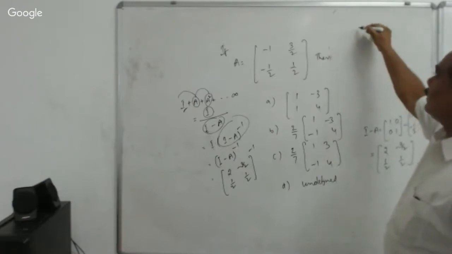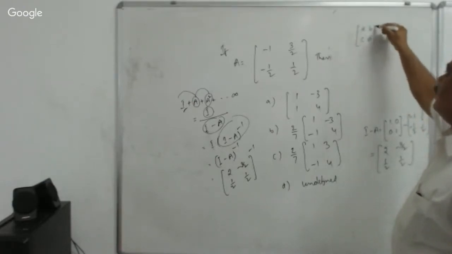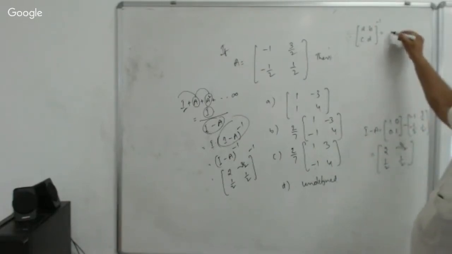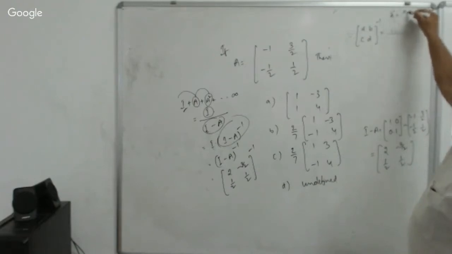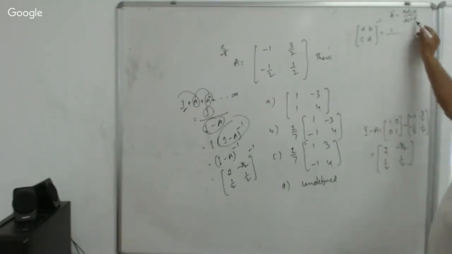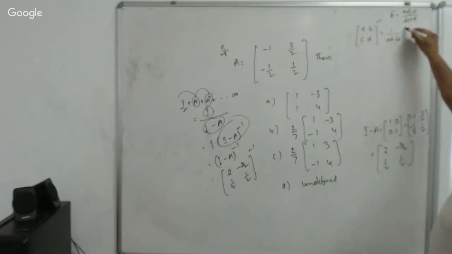For A inverse, with A as [a, b; c, d], the inverse equals adjoint A by determinant A. The determinant in the denominator is ad minus bc.